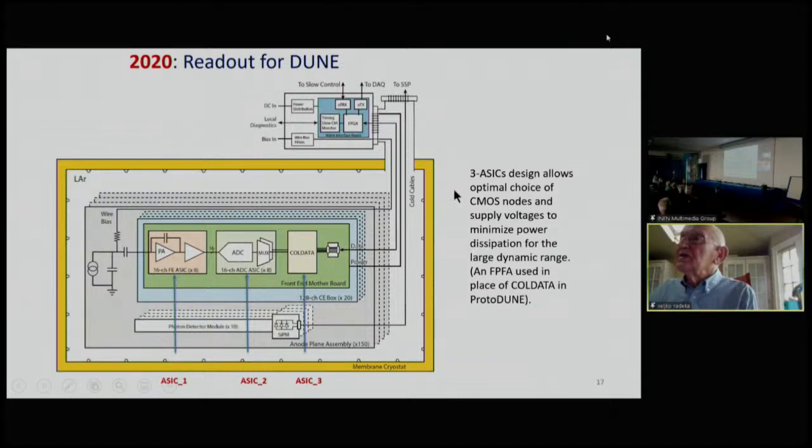The 3 ASIC design allows optimal choice of CMOS nodes and supply voltages to minimize power dissipation and achieve large dynamic range. It was interesting to find that commercial FPGAs were used in ProtoDUNE and could also successfully operate at cryogenic temperatures.